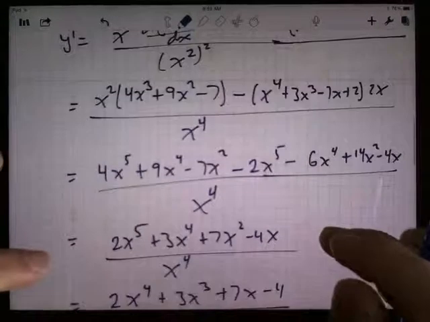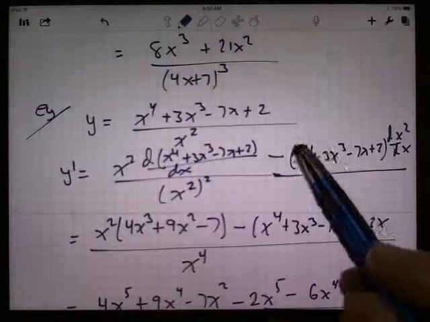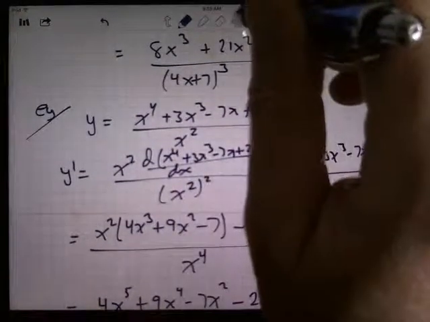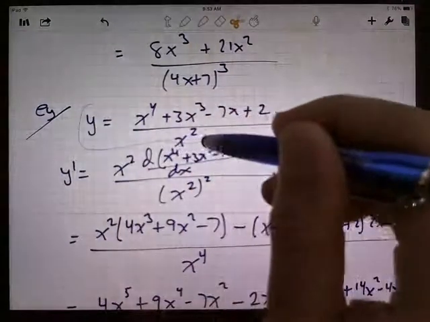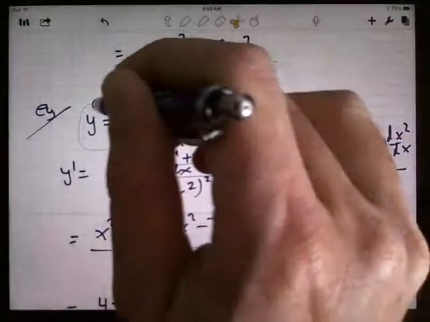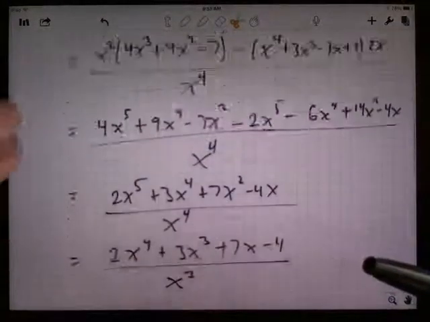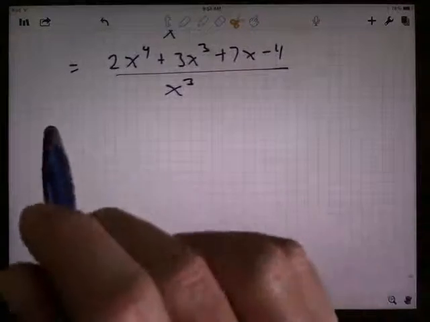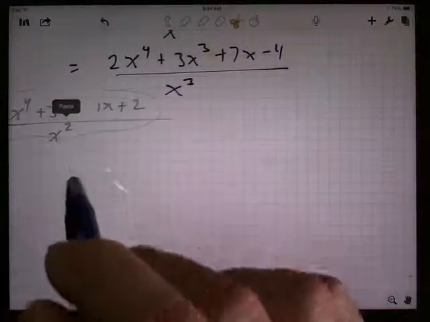And I'm going to do it one more time. So I'm going to write this down again. Actually, I think what I can do is circle it. I can say copy, and then down here I'm going to say paste.